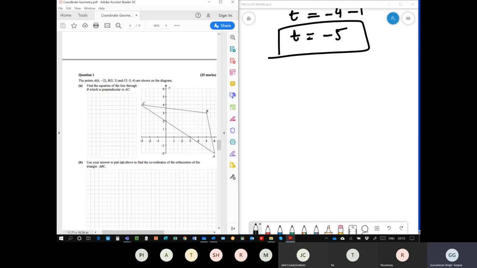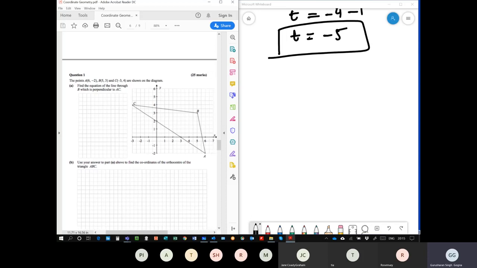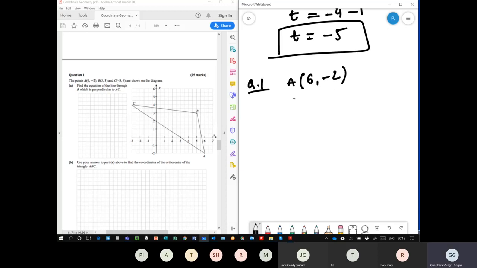Find the equation of the line through point B which is perpendicular to AC. Okay, so let's do this question. So ABC, they give you 3 points: A is 6, minus 2; B is 5, 3; C is minus 3, 4.